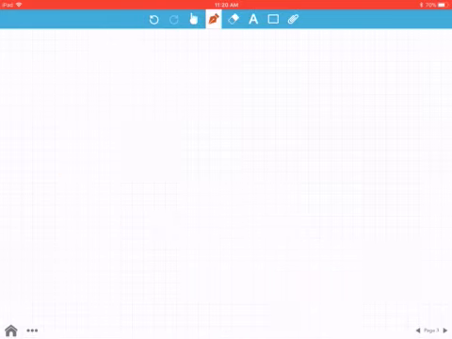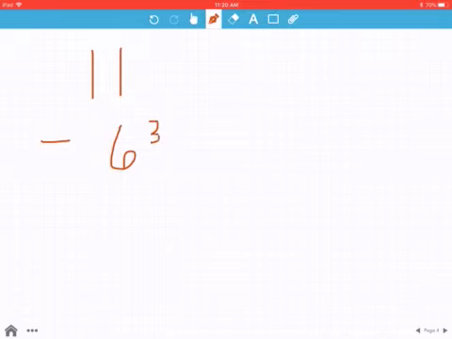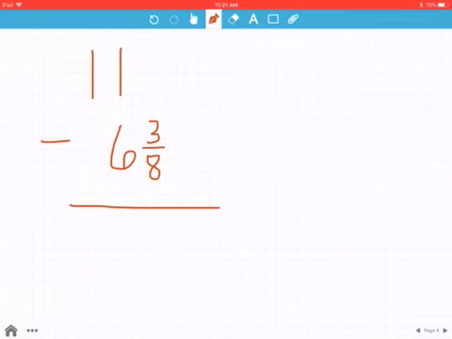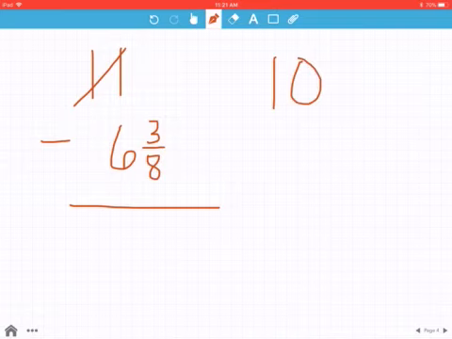Okay, let's try some harder ones now. What if I have a whole number and I take away a mixed number? Remember, hopefully from last year, we can rename that whole number. I'm going to take 1 away from 11 to make it 10.